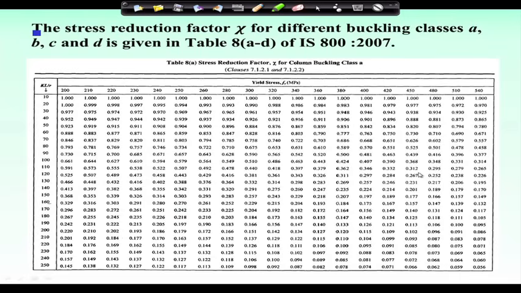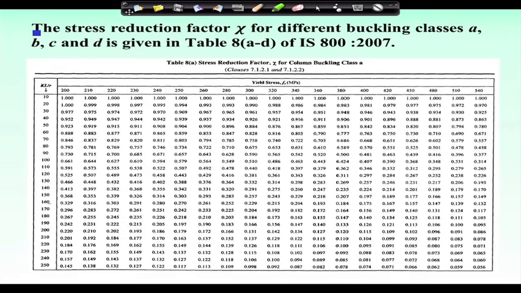Now, this is a tedious process to find out the value of FCD. Therefore, in the IS code some values are given in a tabular form, so that we do not have to calculate the entire things again and again.